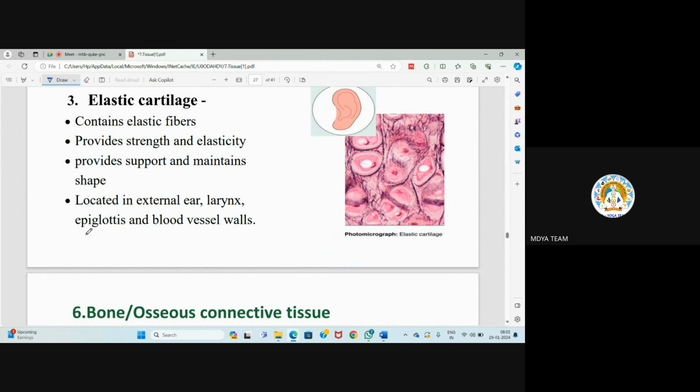But the epiglottis plays a very important role: when it opens and closes, food goes to the esophagus and air goes to the windpipe or trachea. So in the epiglottis and in blood vessel walls also we can find elastic cartilage.